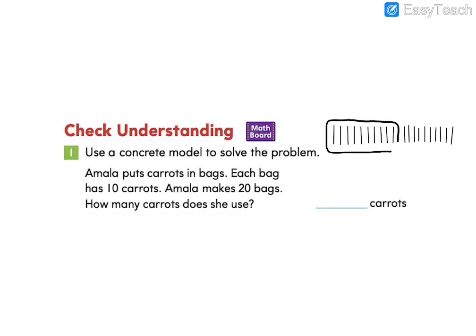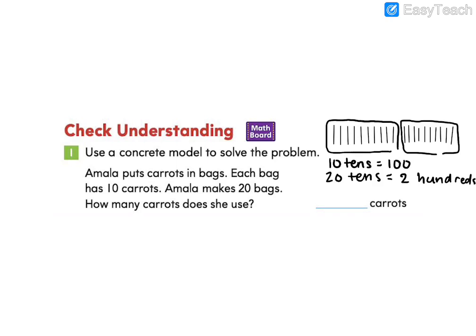I know within my 20 bags, I have 2 groups of 10. I know that 10 tens is equal to 100. So 20 tens is equal to 200. So how many carrots does she use? 200 carrots.